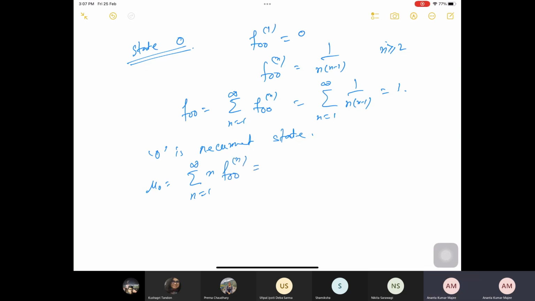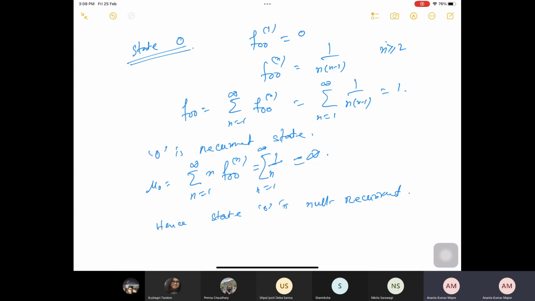This is the summation over n equal to 1 to infinity of 1 by n, which is actually infinity. So this is a divergent series. Hence state 0 is null recurrent. This is just one example.